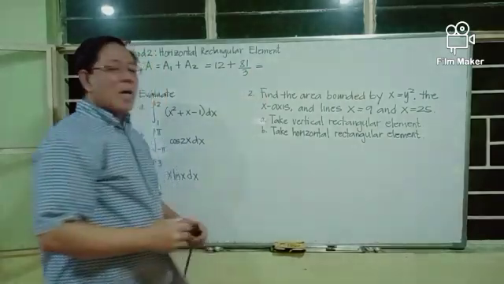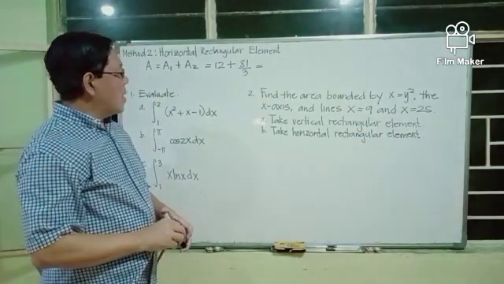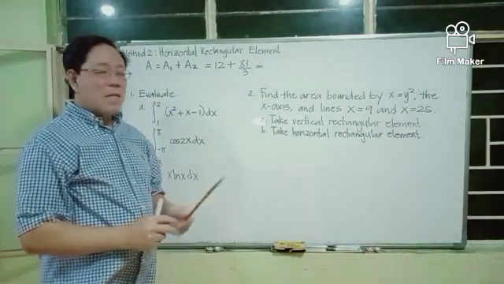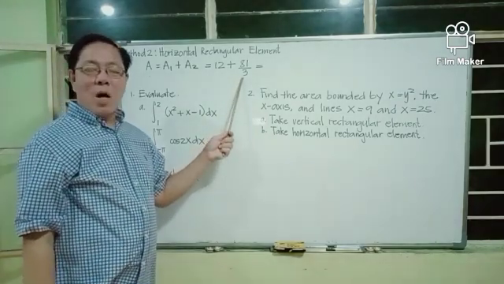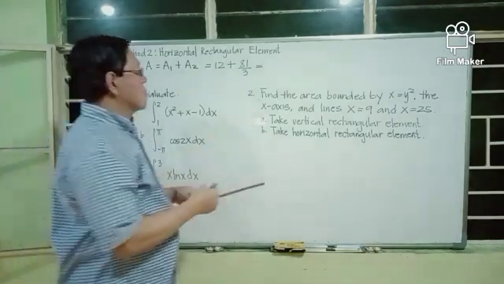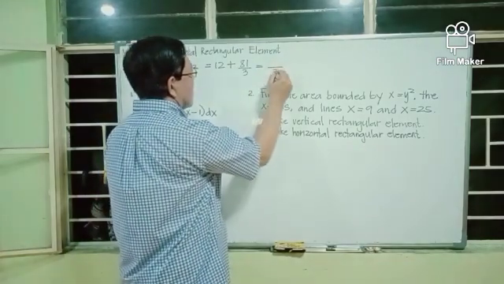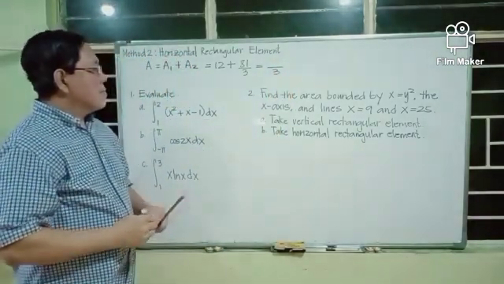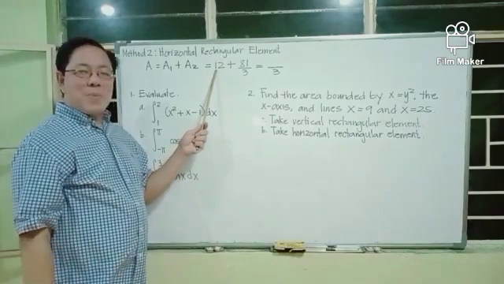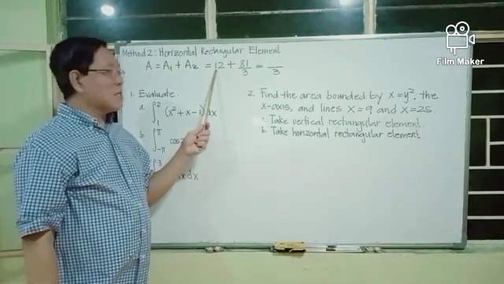And we multiply 12 by 3 so that we have a common denominator of 3. And 12 multiplied by 3 is 36.